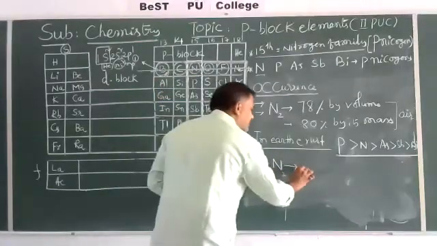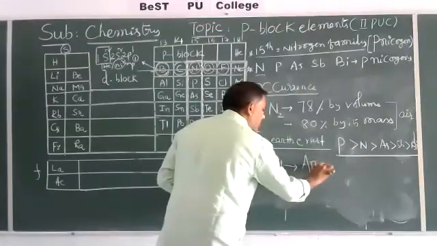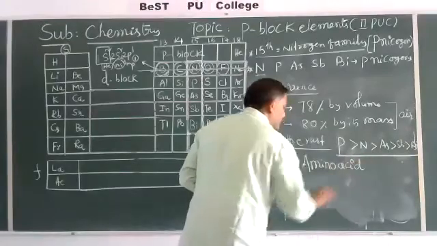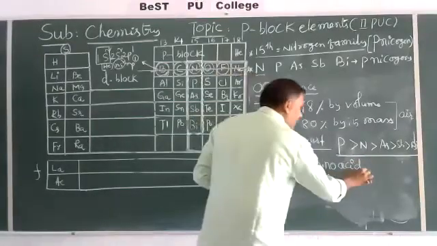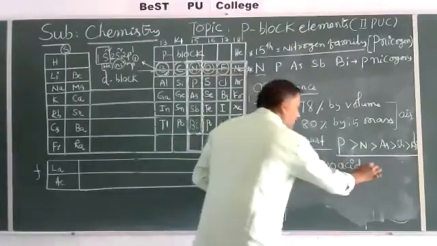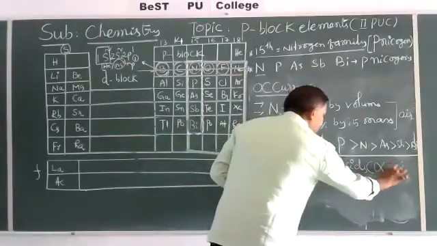In a living system, amino acids are there. 20 amino acids. One is newly discovered, making 21 now, but in our textbook only 20 are there. These are called in chemistry alpha amino acids.